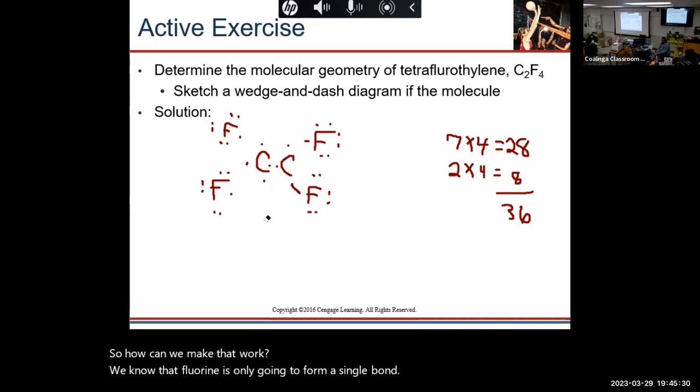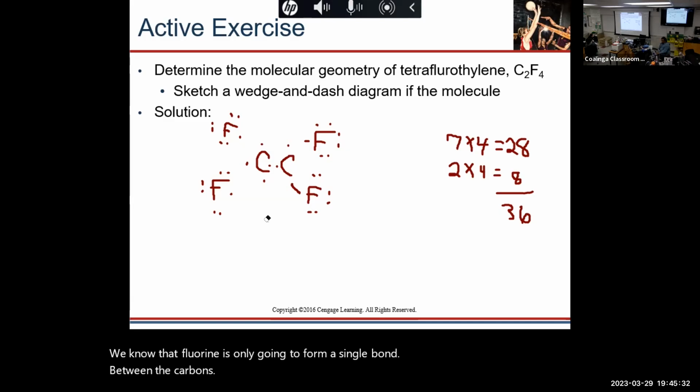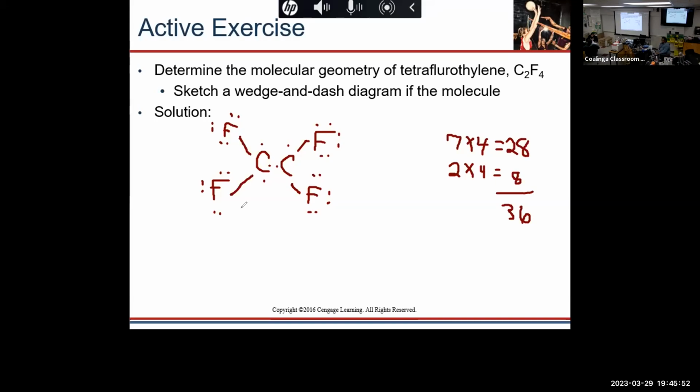Between the carbons... Okay, so that gives all the fluorines 8 around it.